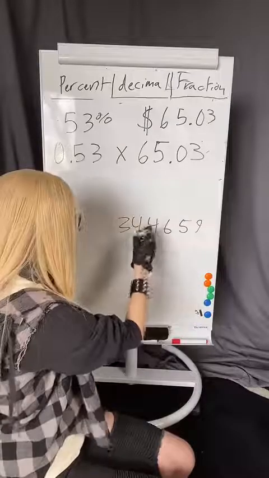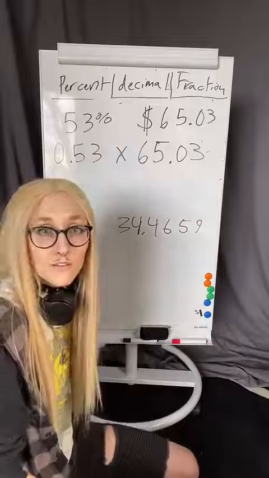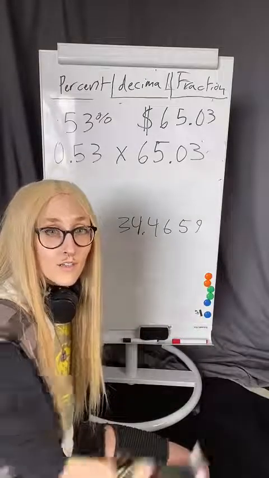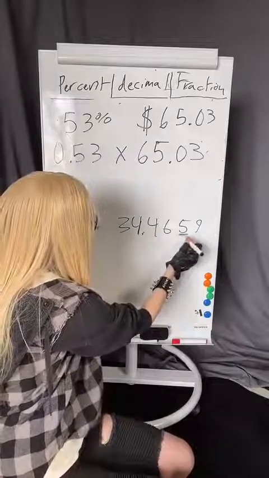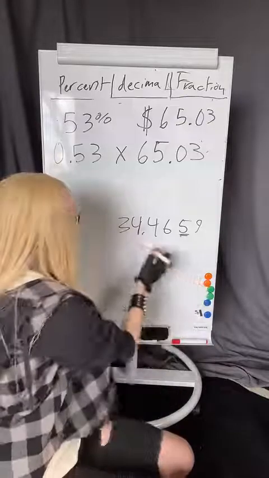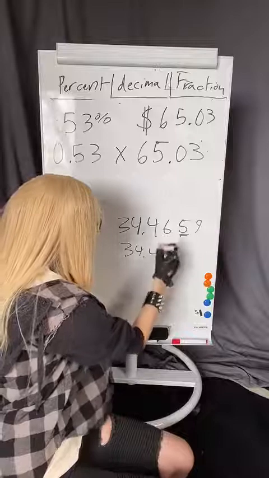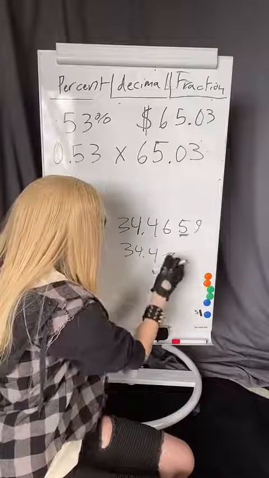All right. So, here's the thing though. What do I do with rounding? Since this is a 5, I'm going to round it up. So we're going to consider this to be 34.47.